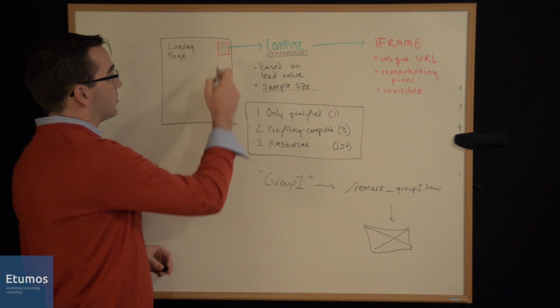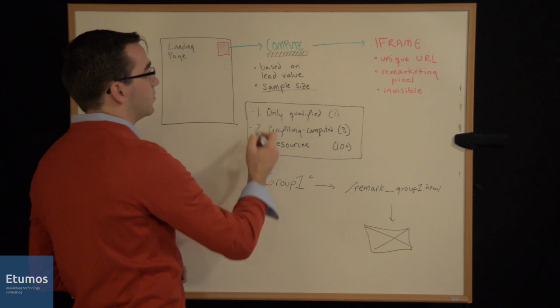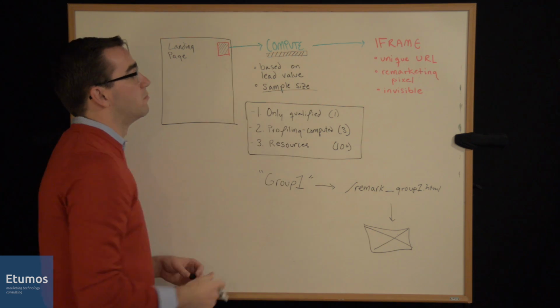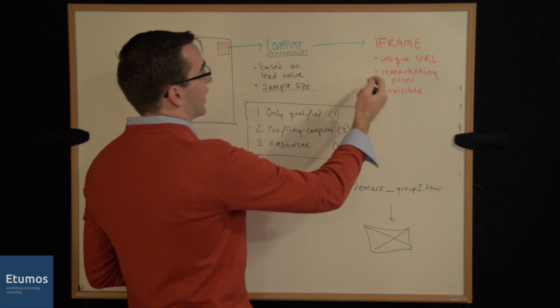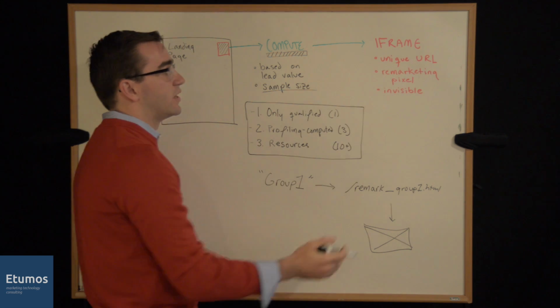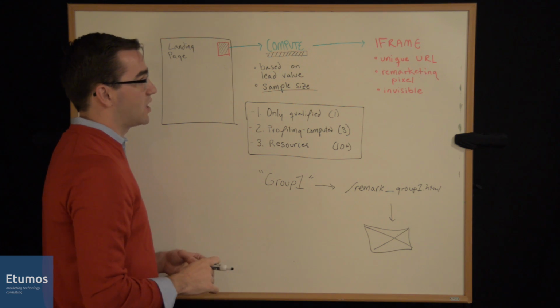So you have the landing page, and then there's this iframe here, and you have computations in your marketing automation platform based on whatever makes the most sense for you. And then this shows up as the actual iframe with a unique URL for every cohort that you want to market to and have a separate remarketing campaign.